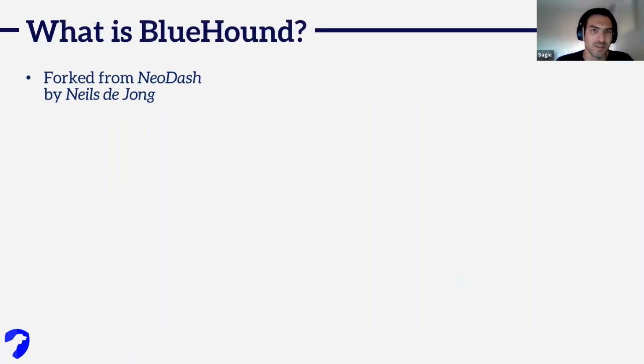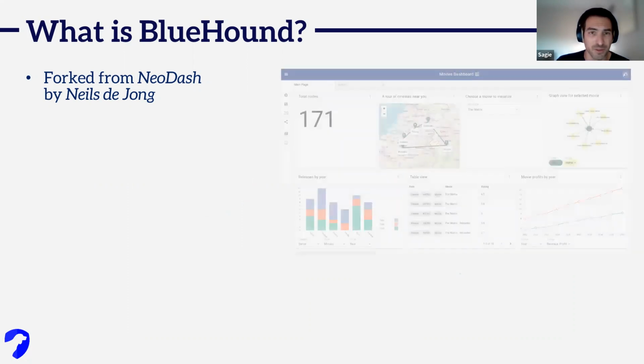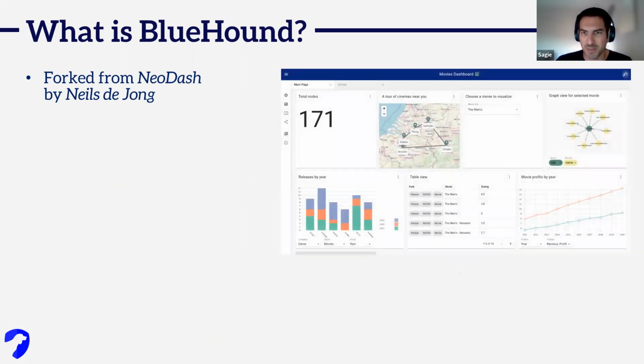Cool. So let's get started with just diving right into BlueHound. What the hell is BlueHound? BlueHound was actually forked from a project called NeoDash. That's an open source tool that was written by Neil DeYoung, who works at Neo4j. And that's basically how it looks.